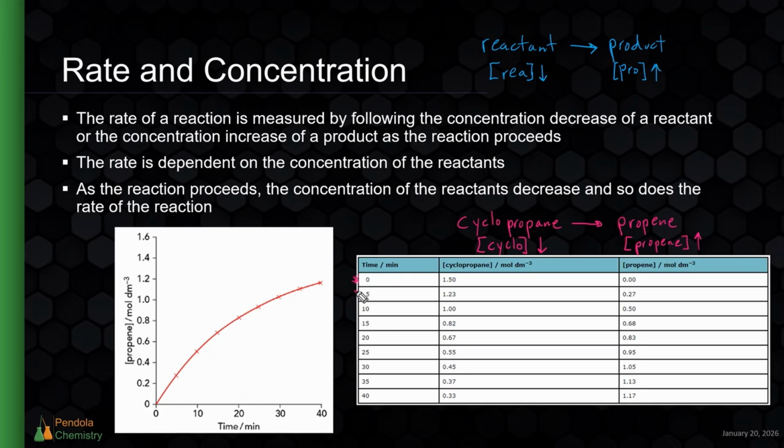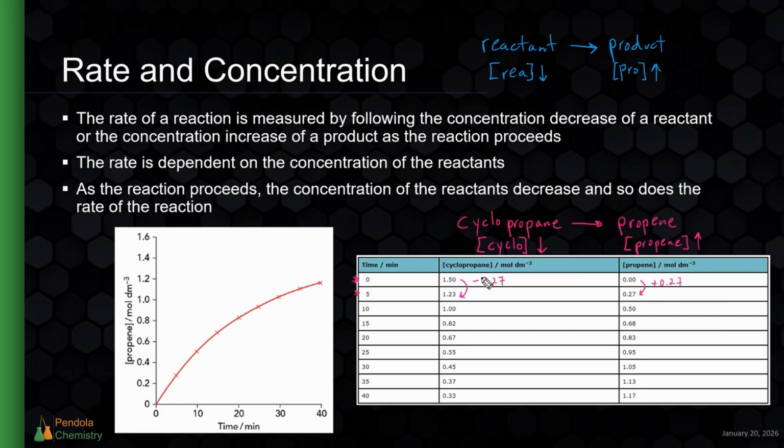After 5 minutes of this reaction, the concentration of cyclopropane went from 1.5 to 1.23, meaning that it decreased, so we're going to put a negative here, by roughly 0.27 moles per cubic decimeter. On the other hand, if we look at the concentration of propene, because it's a 1-to-1 ratio, the concentration of propene went up by 0.27 moles per cubic decimeter.